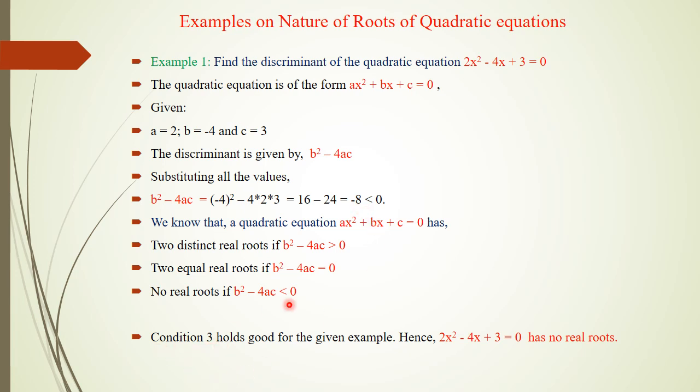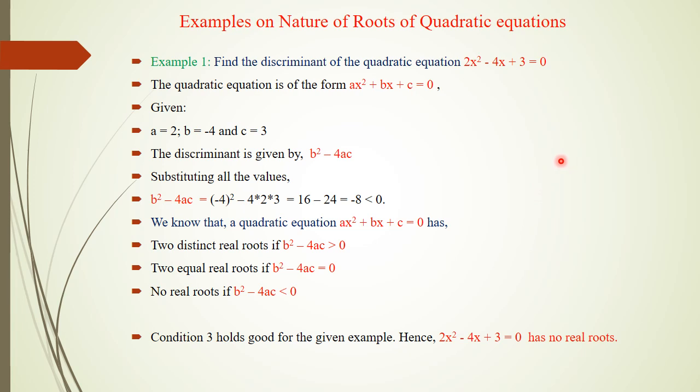Hence condition 3 holds good, and hence 2x square minus 4x plus 3 is equal to 0 has no real roots, which means it has imaginary roots, which is out of scope of this chapter or this class 10. We are not going to discuss that in this class.